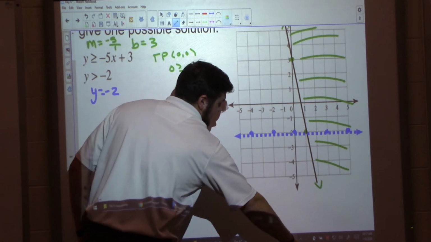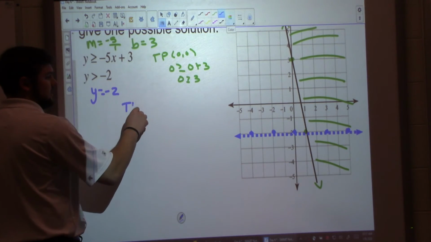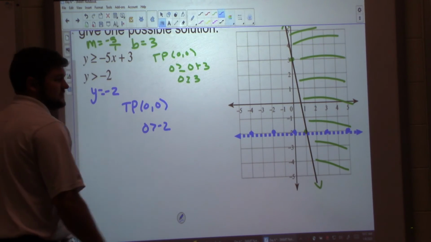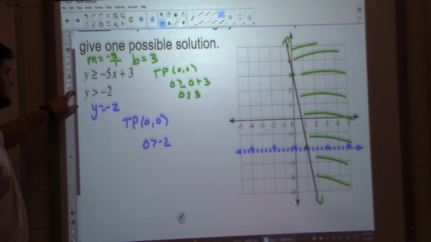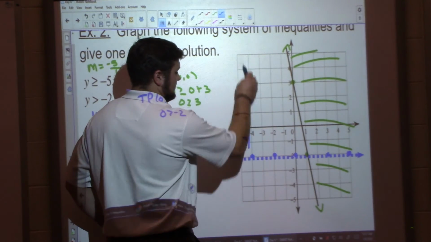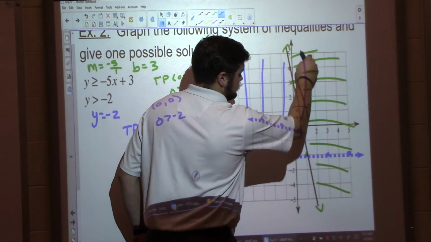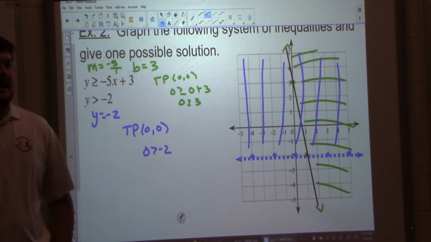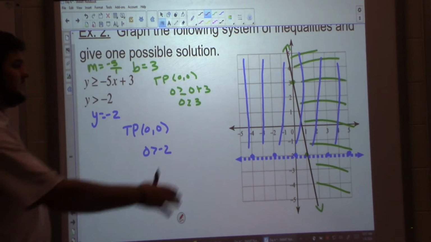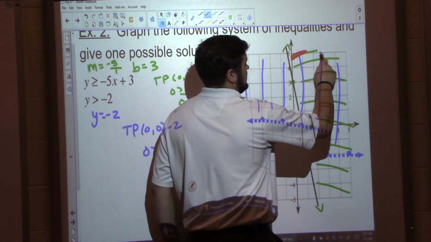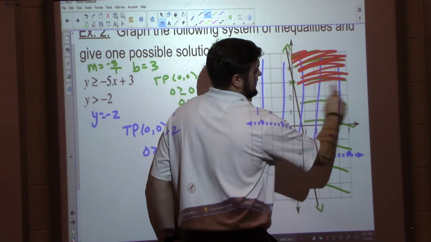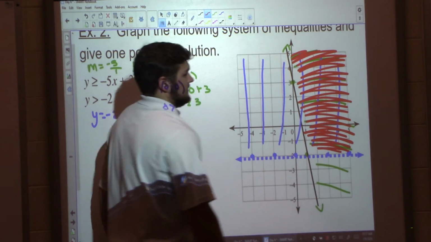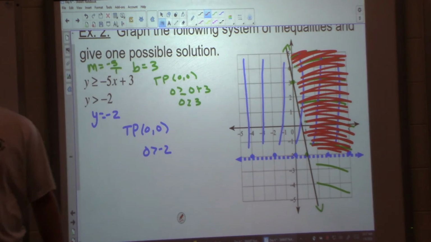Dashed line. All right, test point to figure out which way I'm going to shade. 0 greater than -2. Is that true? Yes, it is. So I'm going to shade with 0, 0. All right, can we see where they overlap? That top right portion, right up here. So we shade it in nice and dark so we can see that. And that's going to be our solution.